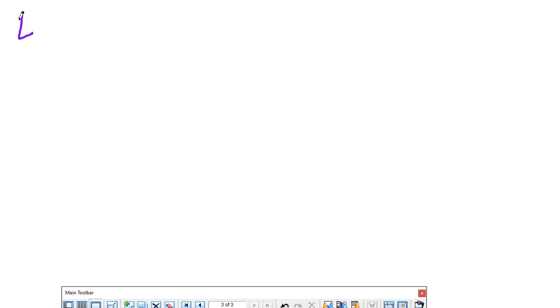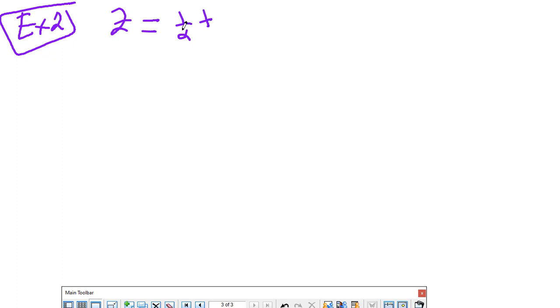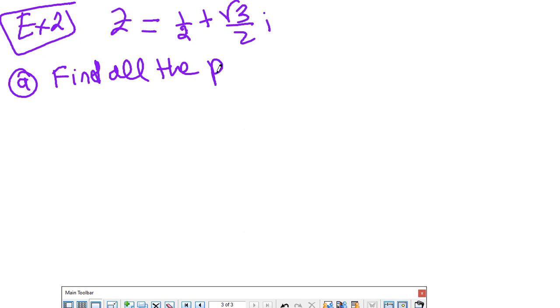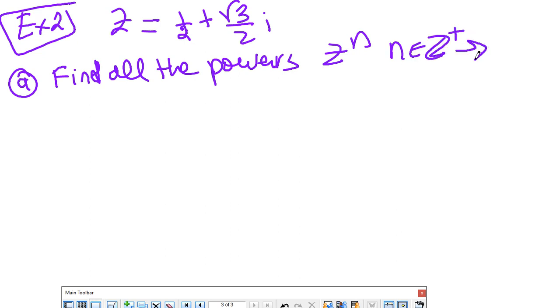Example 2: given z equals half plus radical 3 over 2 i, the question is to find all the powers z^n for n belonging to the positive integers. Then part B is to draw the complex number in the Argand diagram.